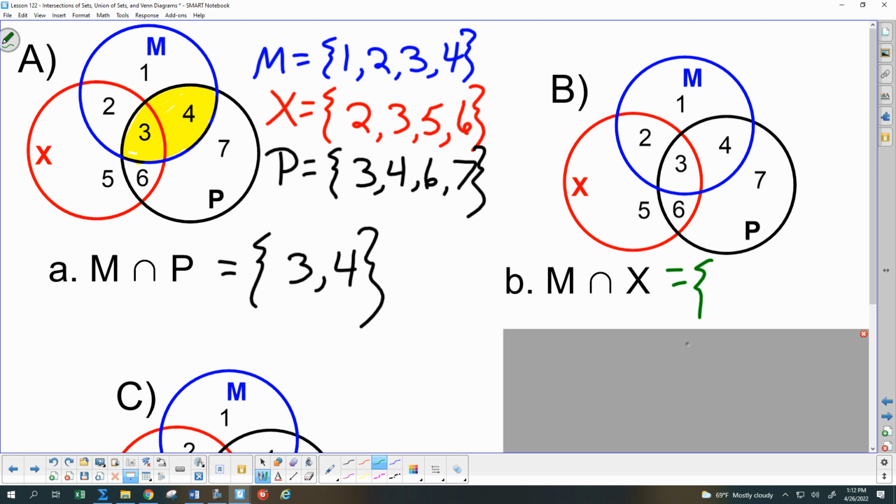Elias? Thumbs up, thumbs down for 2 and 3. And so again, if we wanted to shade it, it would be the overlap of the M and the X, giving us this football-shaped section that includes the 2 and the 3.